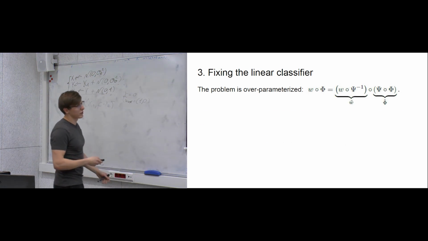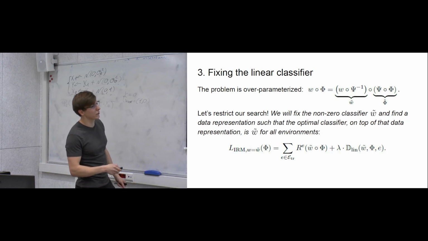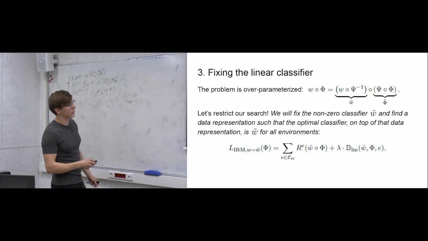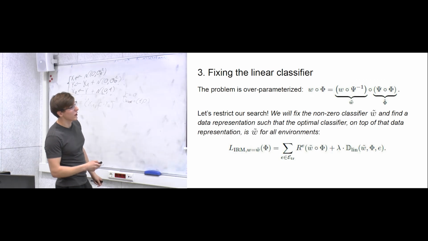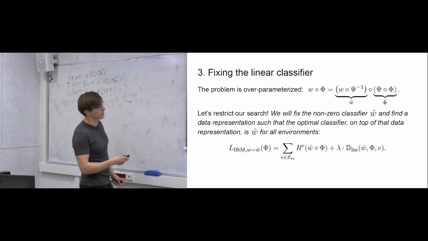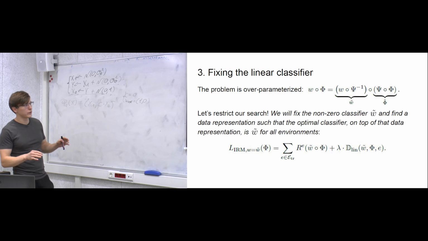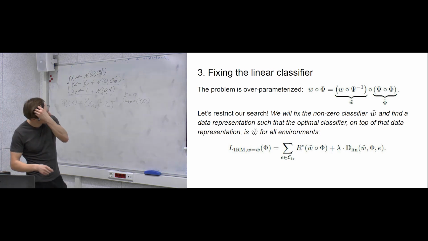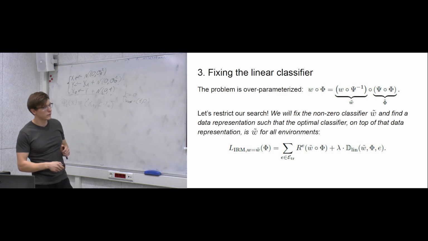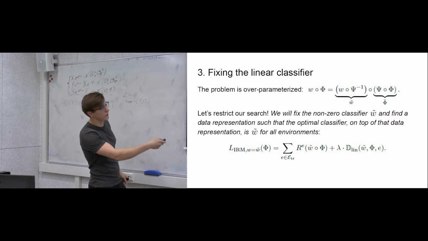Okay, let's just constrain ourselves. Very simple. We will fix some non-zero classifier w tilde, and just optimize only across representations, such that the optimal classifier, again on top of that representation, has this non-zero value. So we got rid of the optimization across classifiers. w tilde is just an arbitrary vector. We just fix some non-zero vector because we can.